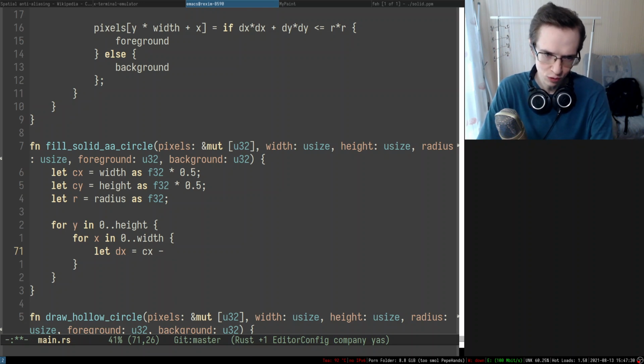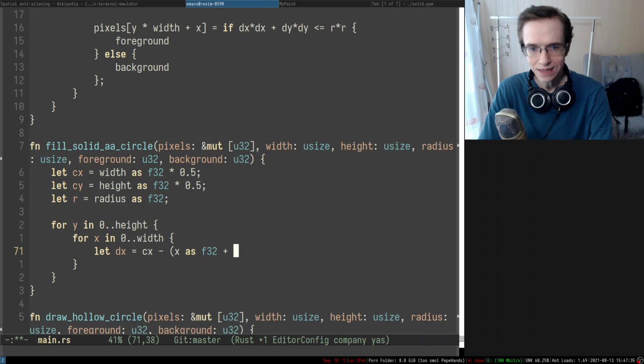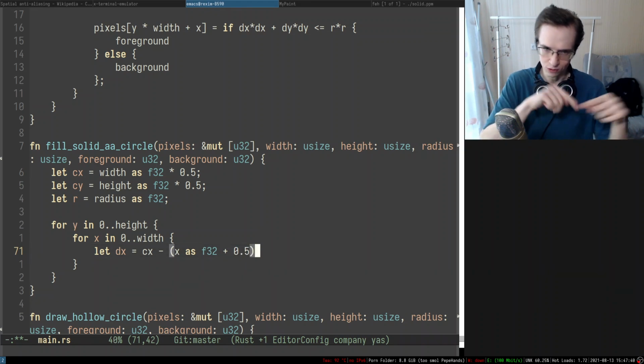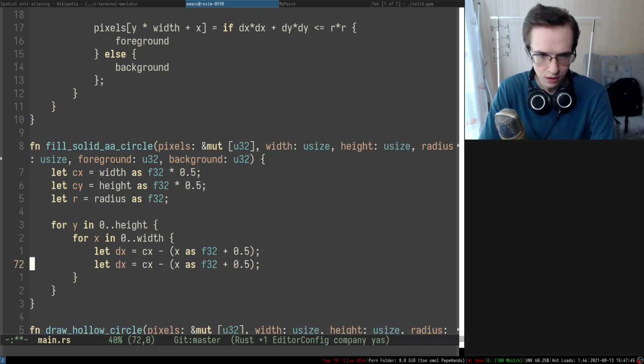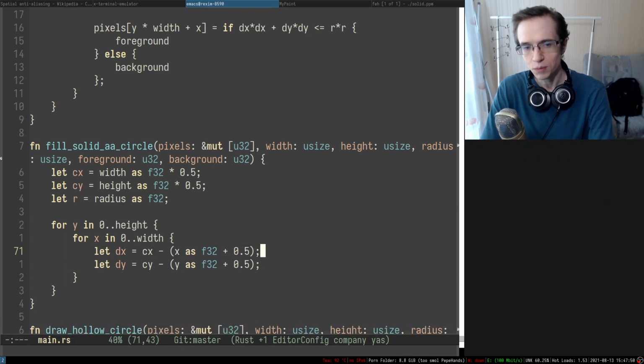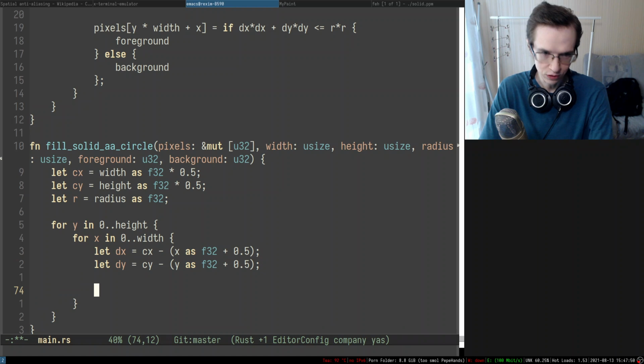Here we convert x to float and add half of the pixel, that way we compare the center of the circle and the center of the pixel. We do the same for y as well. There we go. And dx is basically the position of the center of the current pixel that we're checking.